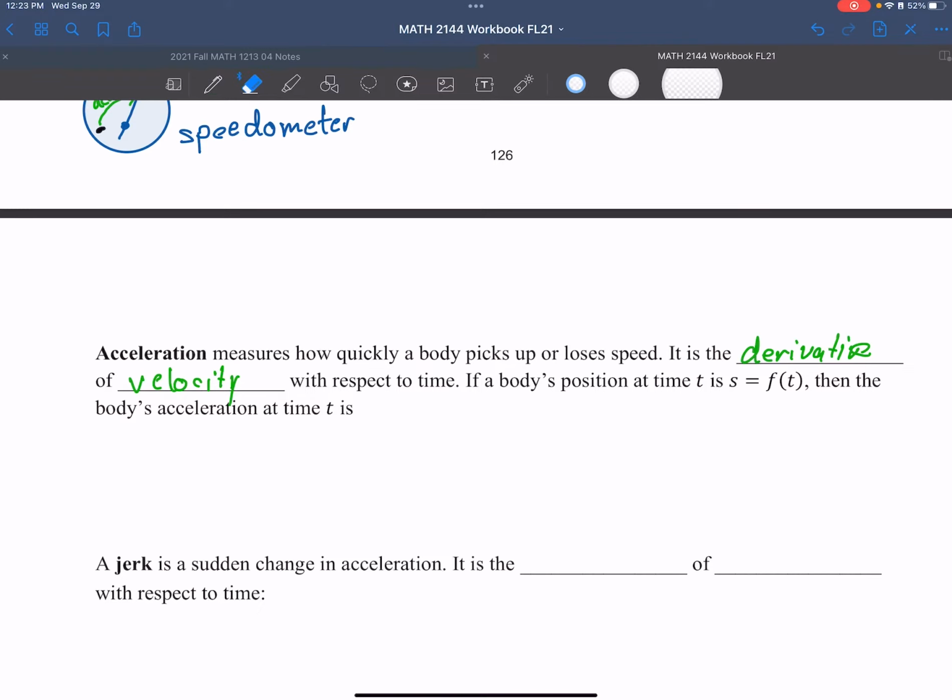We could think the acceleration is a function that takes some time as its input. It is the derivative of the velocity function or the second derivative of the position function, using prime notation this time. So if you need the acceleration and you have position, you take two derivatives. If you have the velocity and you need the acceleration, you take one more derivative.